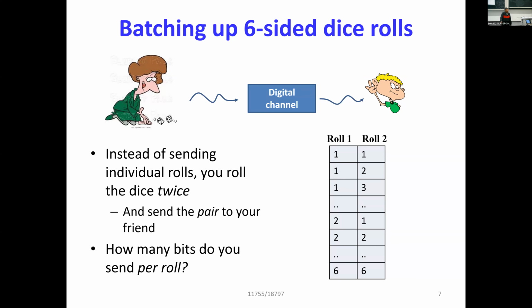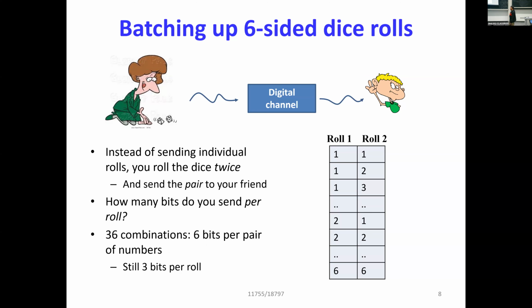So then how many balls would I need to send to let my friend know what the pair of outcomes was? 6. 2 raised to 5 is 32. 2 raised to 6 is 64. I still need 6. So how many balls per dice? Still 3. So I have not really improved matters a bit.